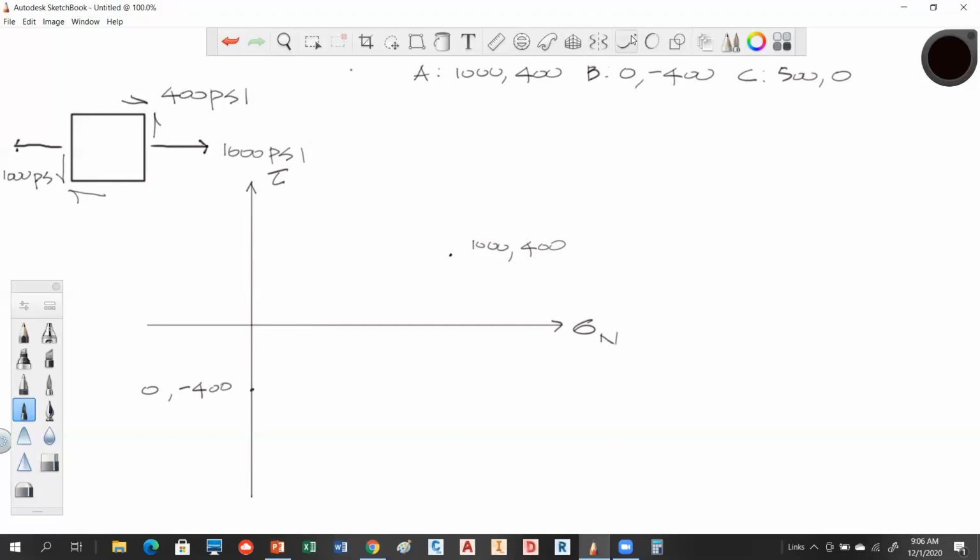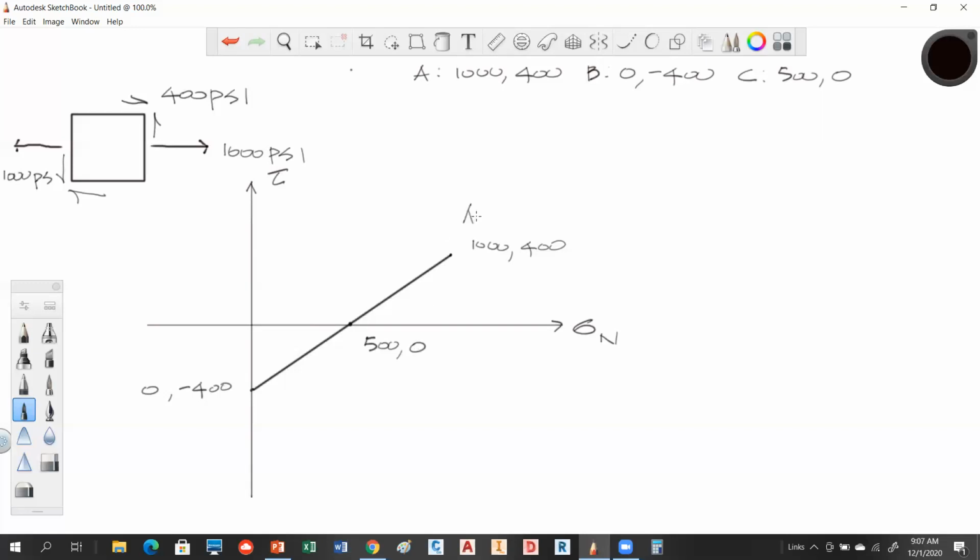So if I connect a line between these guys, from here to here, where that line crosses, this point right here is the center of the circle. This is going to be at 500, comma 0.